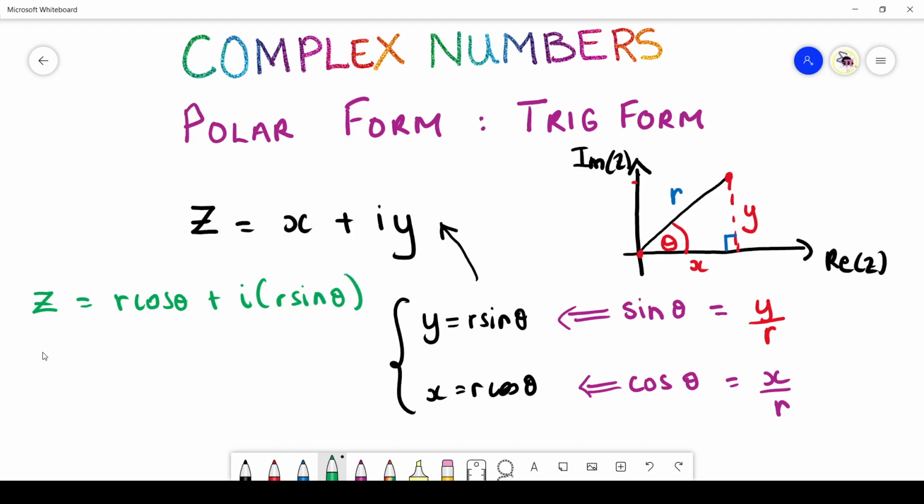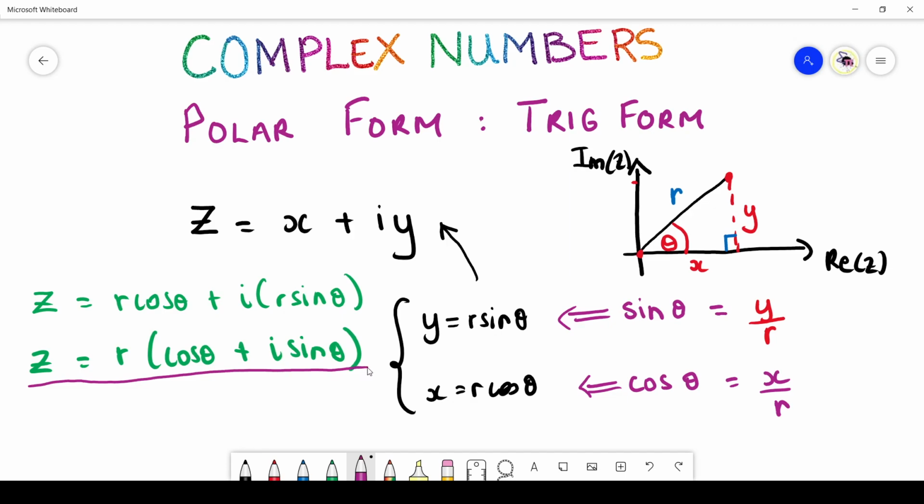With a bit of factorization, we get r open bracket cos theta plus i sine theta. Because this has trig functions in it, it's known as the trig form, and more popularly in textbooks, you will hear people calling this the polar form.